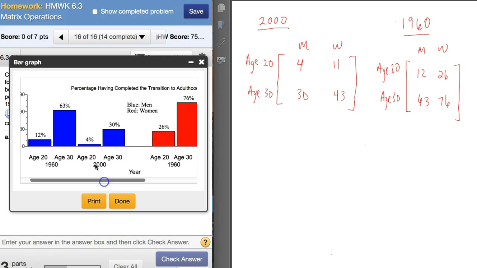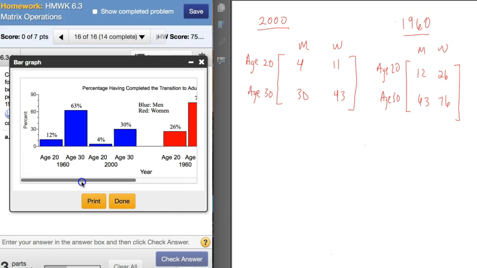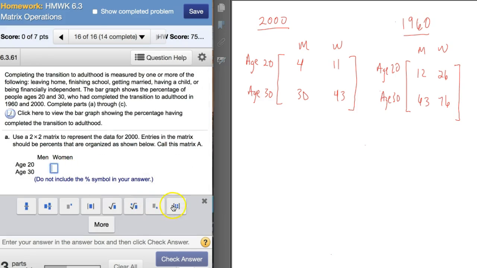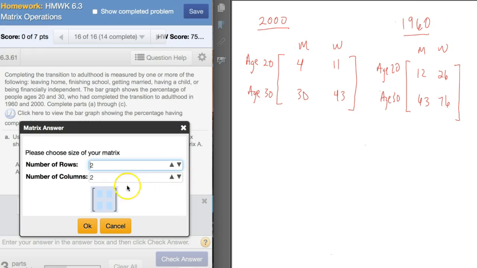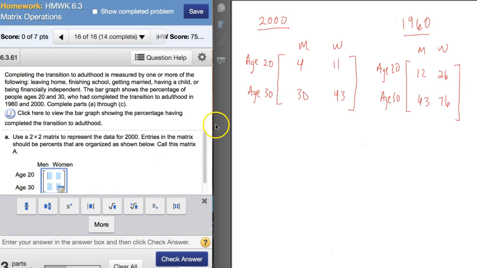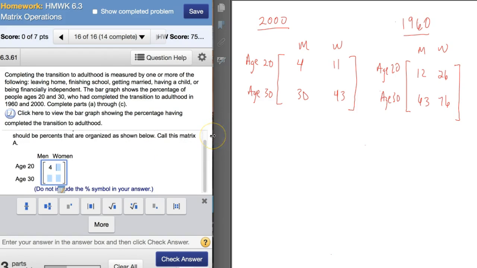And then, sorry, 12 and 63% for ages 20 and 30 for 1960. Okay. So we have that information there. So we'll just click done. And so we'll go ahead and form our matrices here. So we've got a 2 by 2 for this first one here, and this would be just the year 2000. So this will be the first one that we type in.